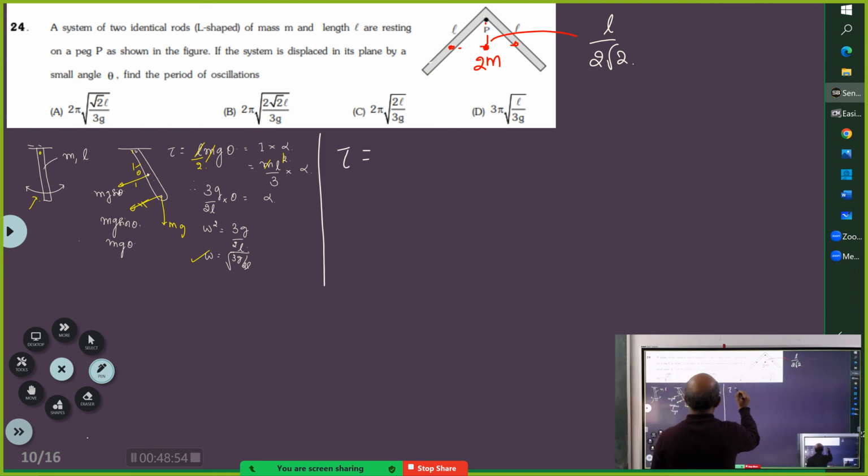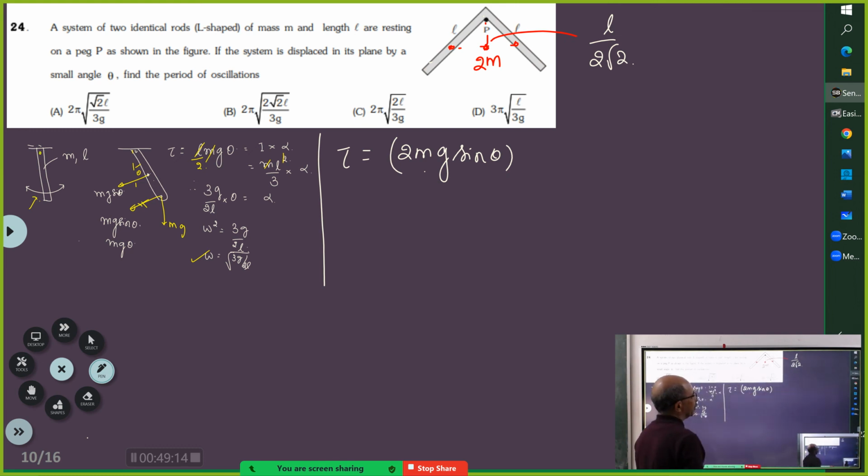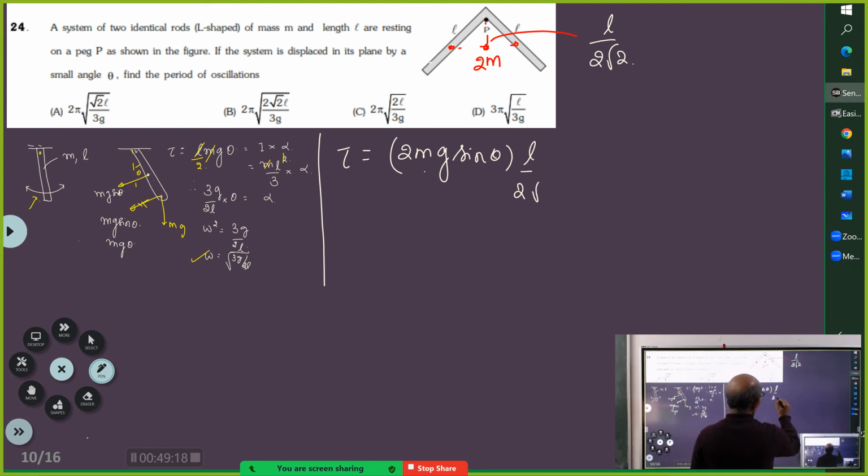You get tau is equal to 2mg sin theta, and this is located at this point. And what is that point? That point is L by 2 root 2. Correct? And this should be equal to the moment of inertia.